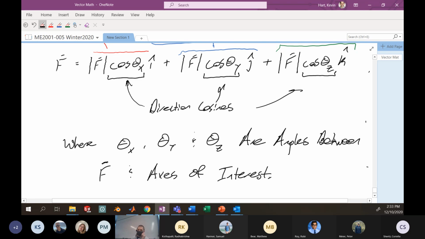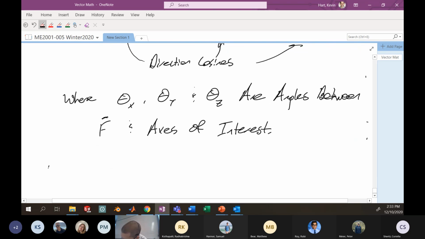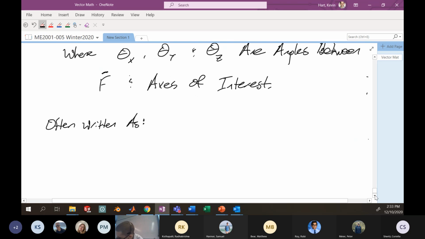Okay. They're so common and so frequently used that they're often written in shorthand notation. Often written as the following. This script L is cosine theta x.